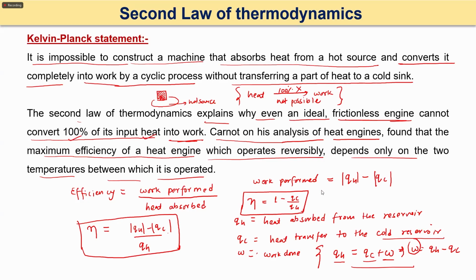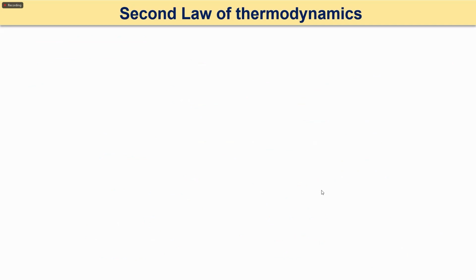We know that for a reversible cyclic process, if the process is cyclic, what does it mean?